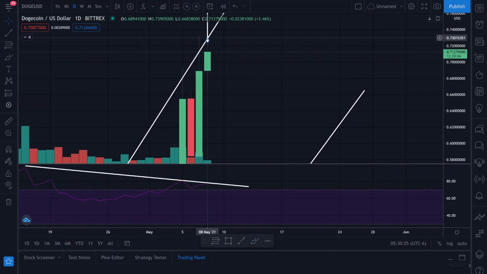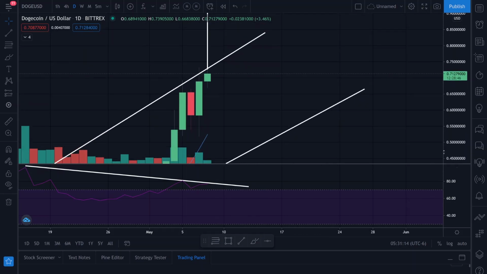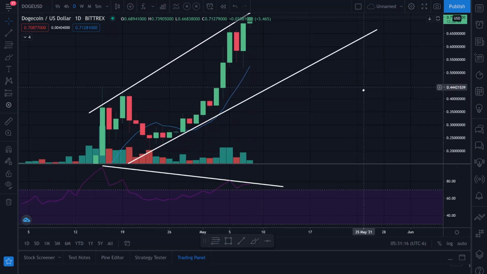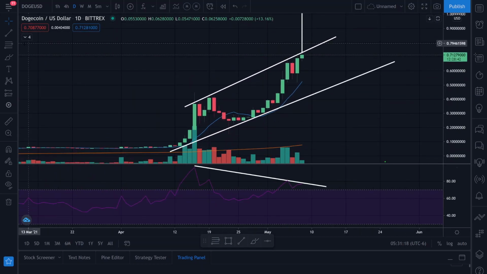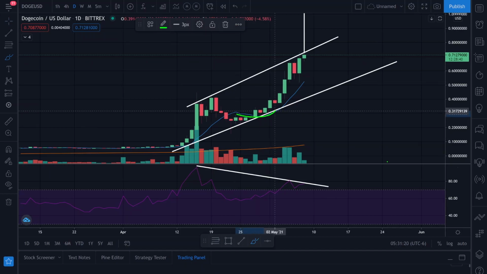We hit my 73 target, and usually when I hit my target, I like to reevaluate what's going on. I hadn't really touched on my 73 target, but we did hit it. So yeah, and I'm not sure. The daily moving average looks nice.